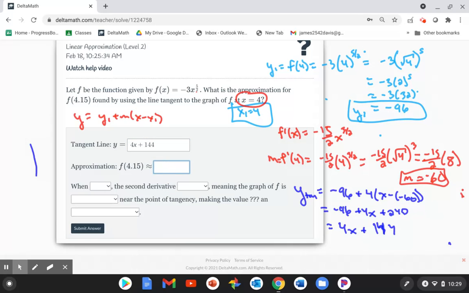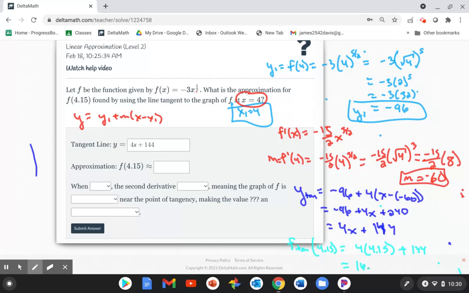And then we can go ahead and find our approximation. So we do, say, f tan of 4.15. Means we got to do 4 times 4.15 plus 144. So let's say we had to do this without a calculator. Now you would just do 4 times 4 is 16, and then 4 times 15 is 60.